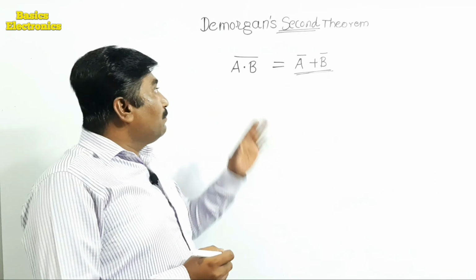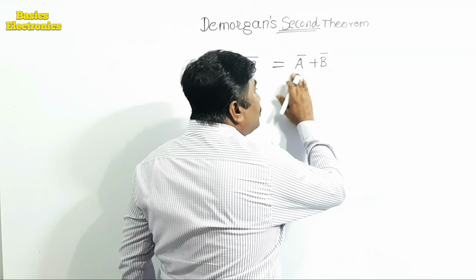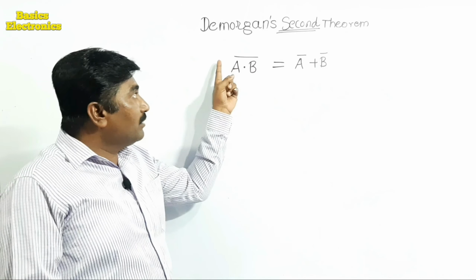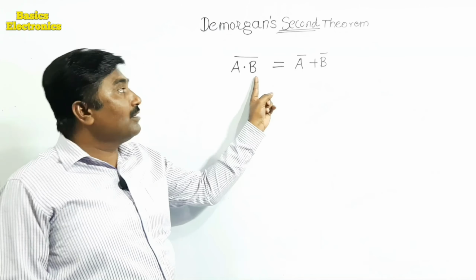Okay, so by using this logical equation of the second theorem, we can say De Morgan's second theorem states that the complement of a logical product, see here this is the complement and this is the product, is equal to, here it is the sum.